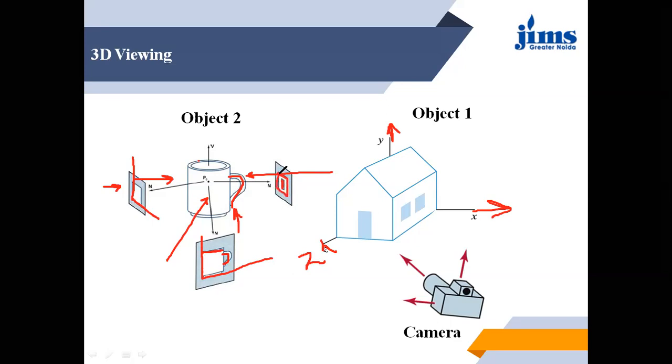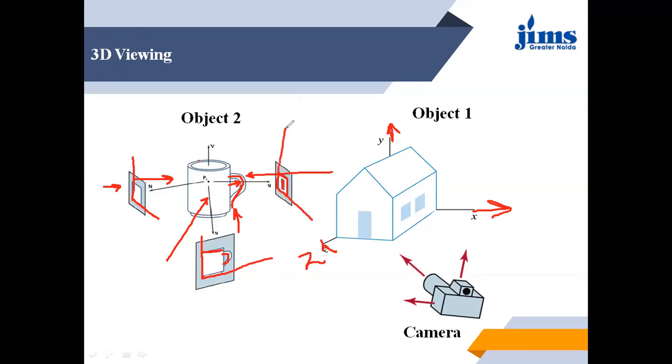But I am not able to see the depth of this. So from here also you can analyze that we are able to see only two dimensions. First one is the x direction, and second one is maybe the y direction.